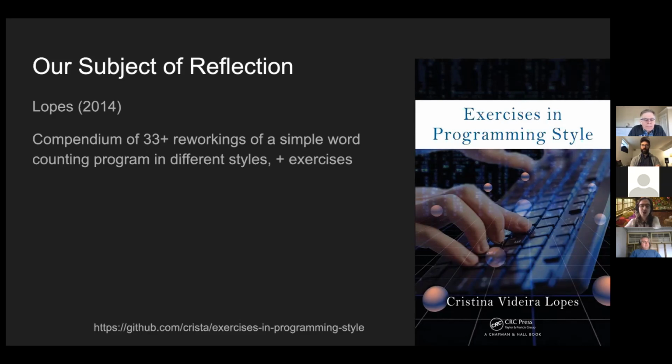And the book additionally contains reflections explaining these styles and their purposes, and exercises where readers reflect themselves and extend those programs. There are additional examples of these styles that are continuously being added to this GitHub repository that is partnered with the book linked below.